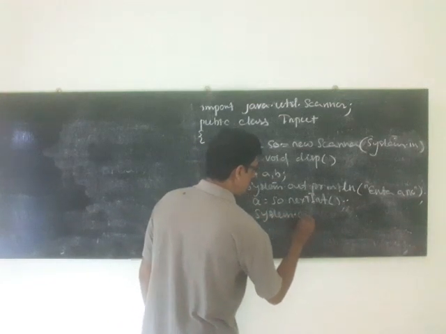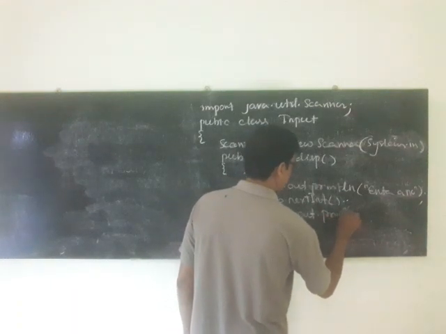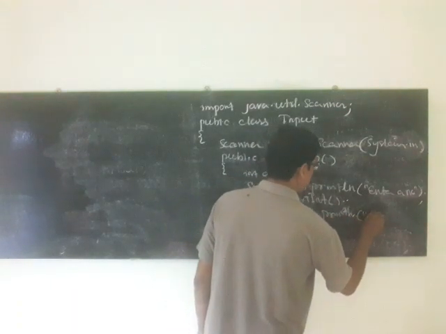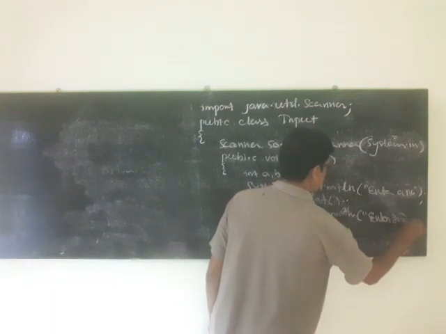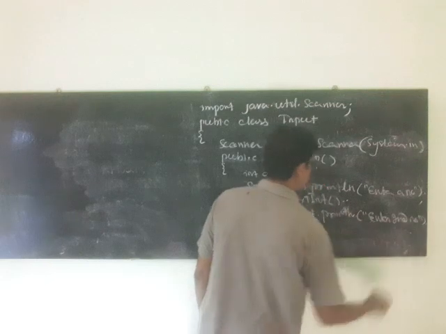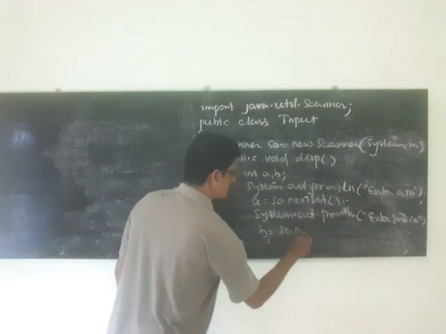System.out.println("Enter second number"); b is equal to so dot nextInt.